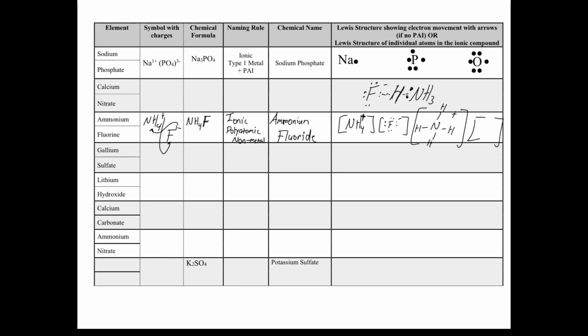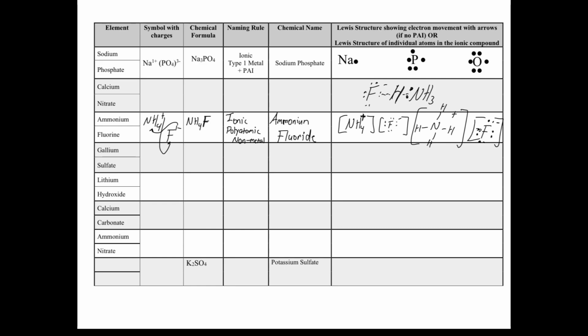Of those 3 electrons, 2 of them will participate in this bond to make an ammonium ion, and the other electron will get absorbed by the fluorine. So that gives fluorine its negative characteristic, a -1 charge. There we go.